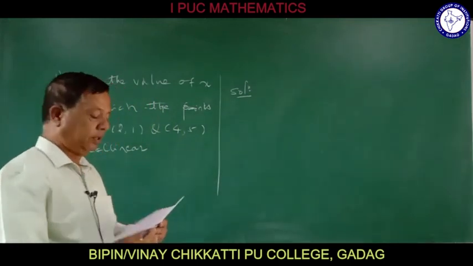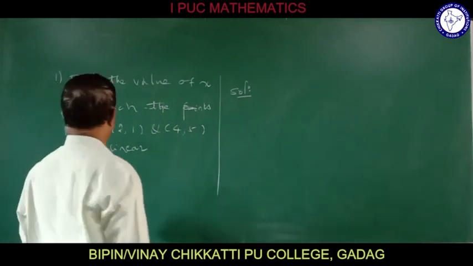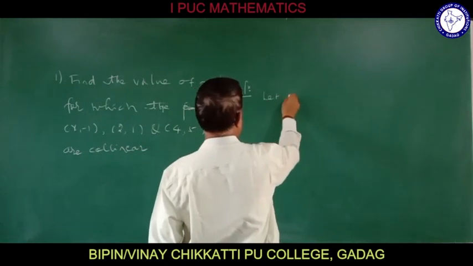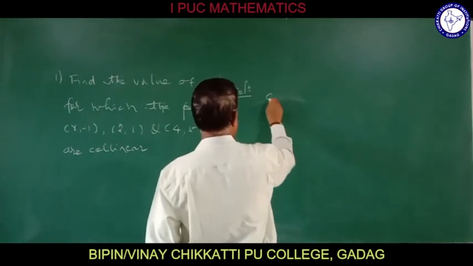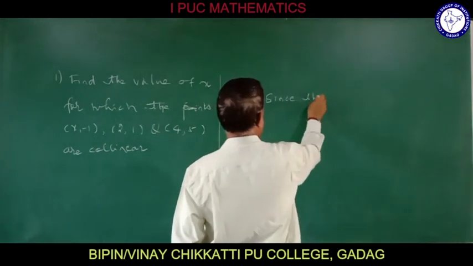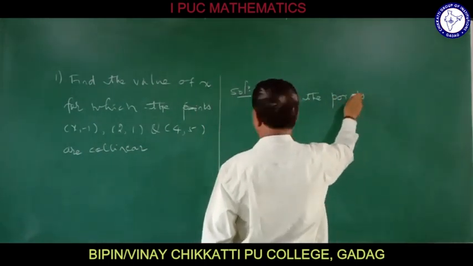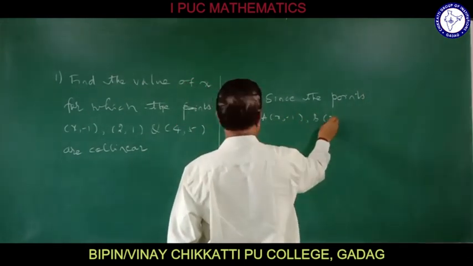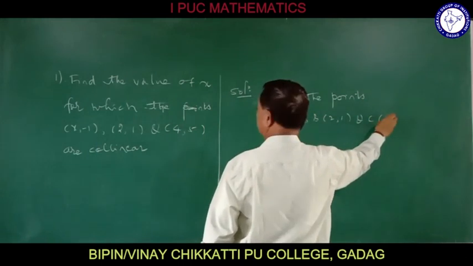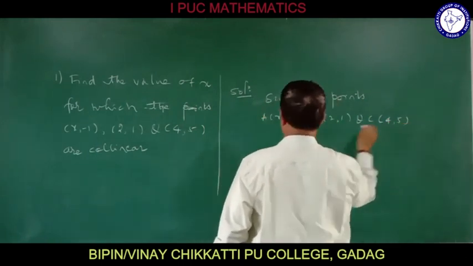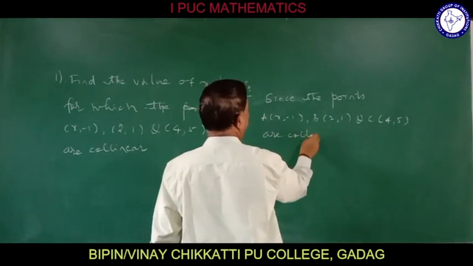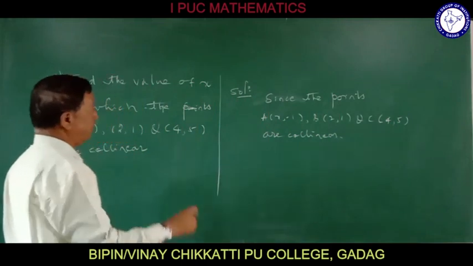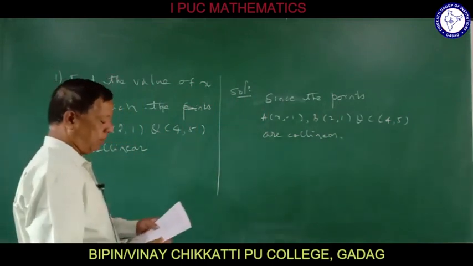So here you try to understand that you call them A, B, C. You say A (x minus 1, 2), B (1, 4) and C (5) are collinear. These points are collinear, that is given, we have named them A, B, C, that's all.